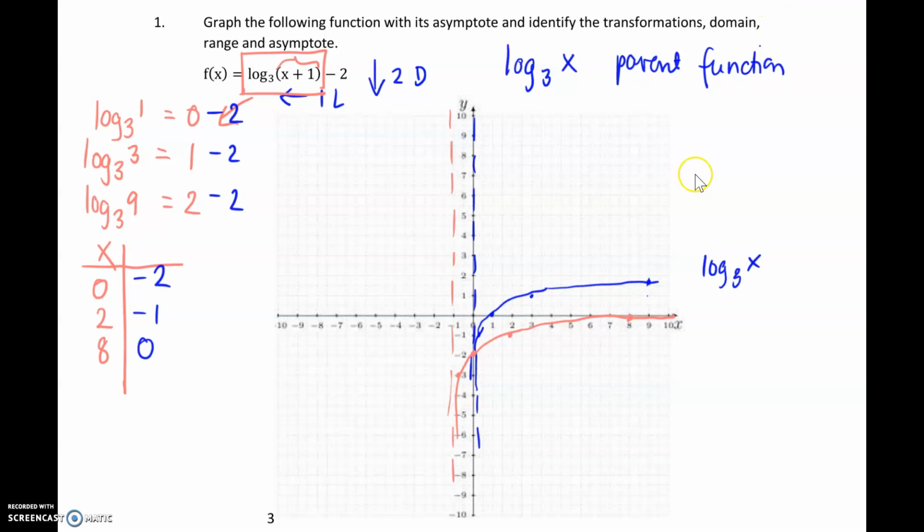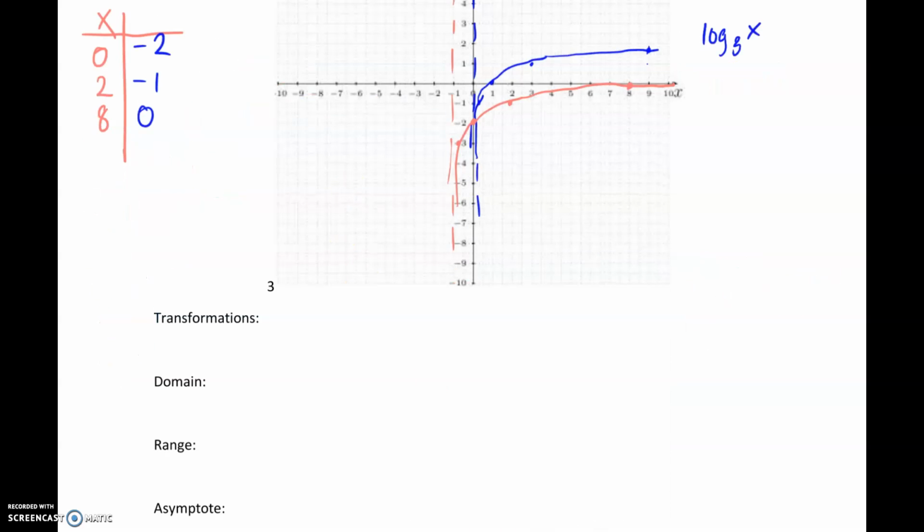All right, now let's look at the transformations and the domain and range and our asymptote. Our transformations were 1 left and 2 down. The domain of the function is all the values we're going to plug in for x.